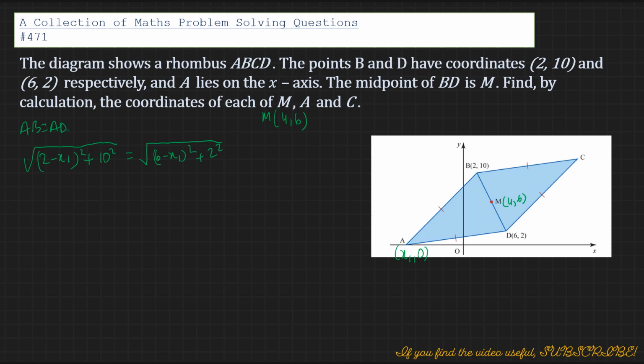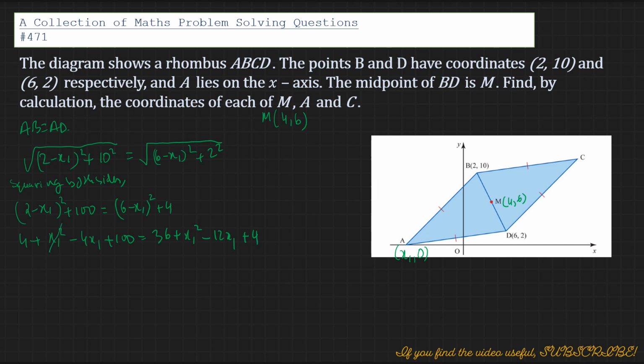So squaring both sides, we get (2 minus x1) whole squared plus 100 equals (6 minus x1) whole squared plus 4. So we get 4 plus x1 squared minus 4x1 plus 100 equals 36 plus x1 squared minus 12x1 plus 4.